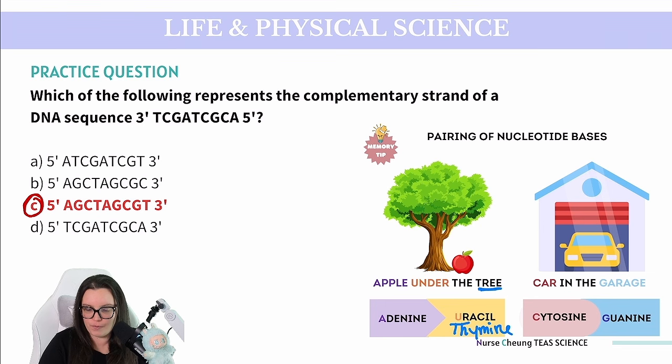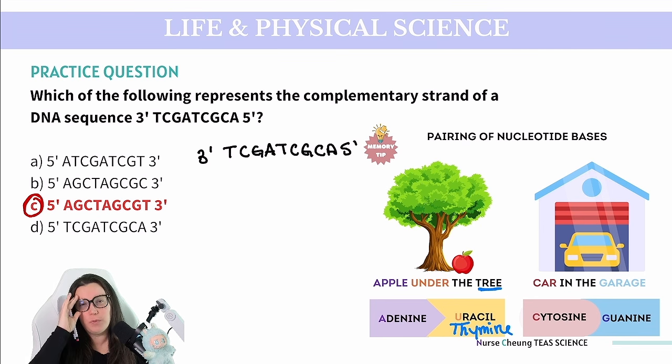And this is how we figure it out. First I'm going to write everything out that we have up here, and now we're going to pair it with our complementary strand. We're just going to do the opposite, or do the base pairing depending on what our letter is. So our 3 is actually going to be our 5.